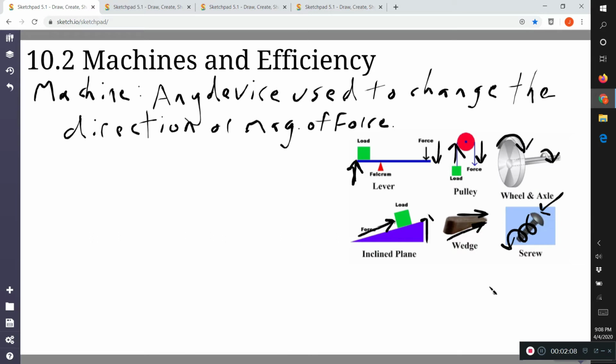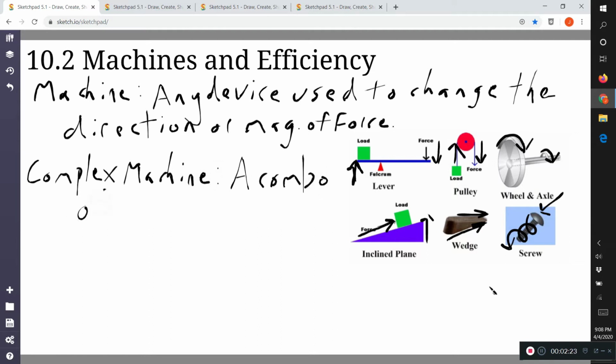All right. Now, when we talk about machines, we talk about those simple machines. We also talk about a complex machine. And a complex machine is just a combination of simple machines. So if we think about a bicycle, it is a good example of a complex machine.